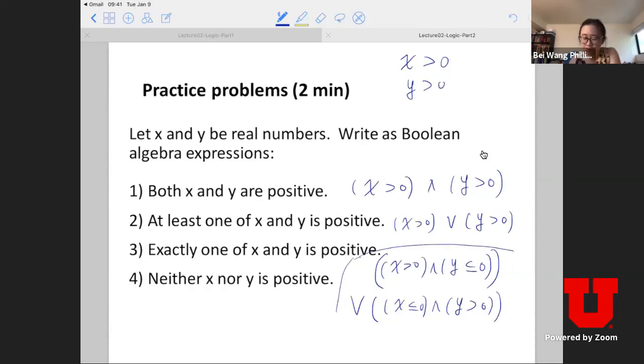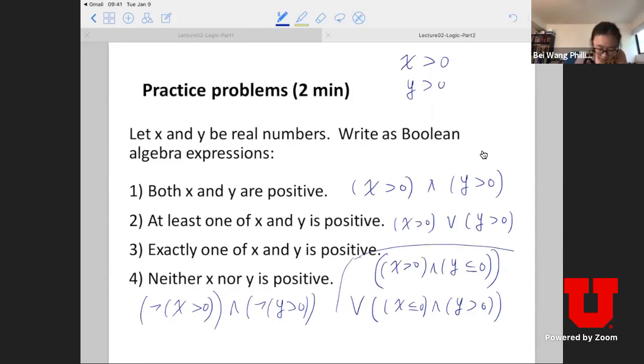Now the next one is to say neither of them is positive. There are definitely different ways to write it. I'm going to use one of them. Neither of them is positive. So that means x is not positive. I can write it as the negation of x being positive and the negation of y being positive.